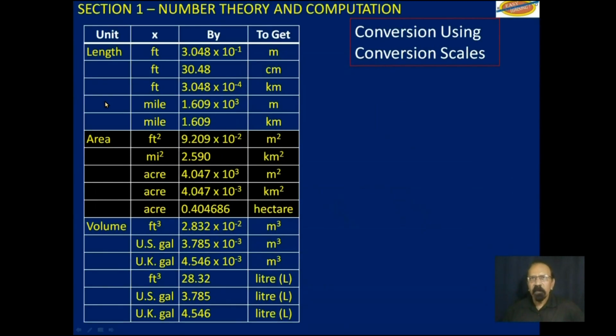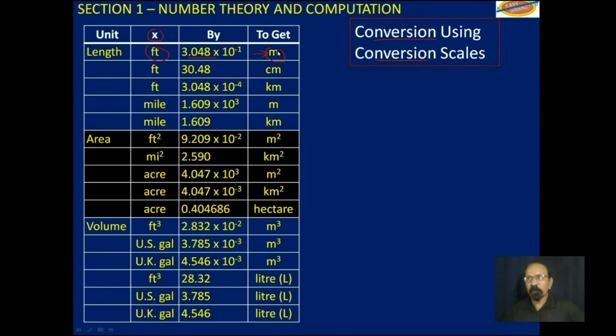Now, let's do some conversion using a different conversion scale. In the case of the bank, we were using a conversion scale which is a little more complicated than the one we are showing here on the screen. To understand it, if you are converting feet to meters, you will multiply the given feet by this factor, and that will give you meters.